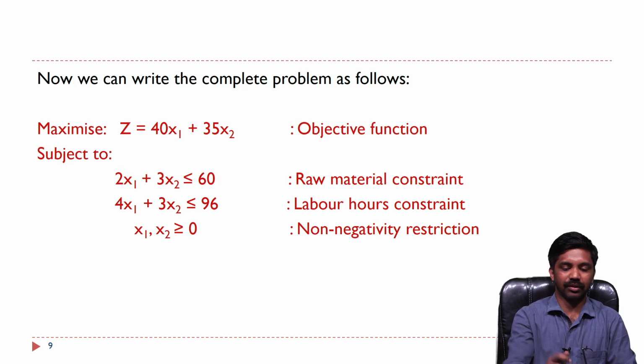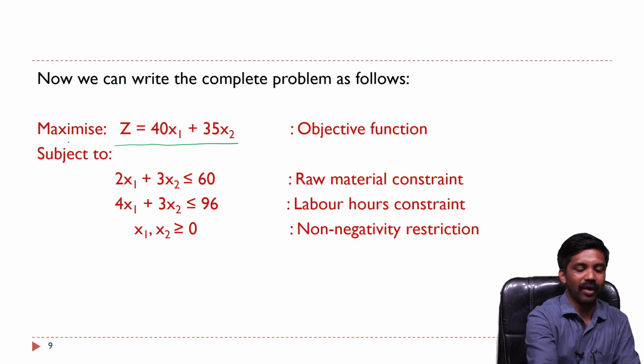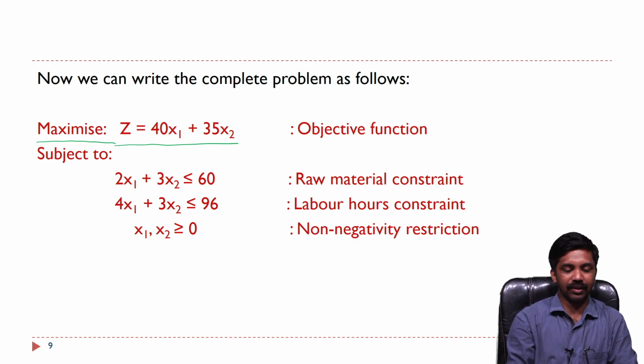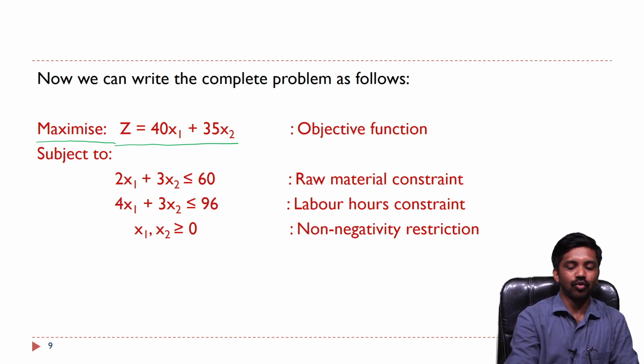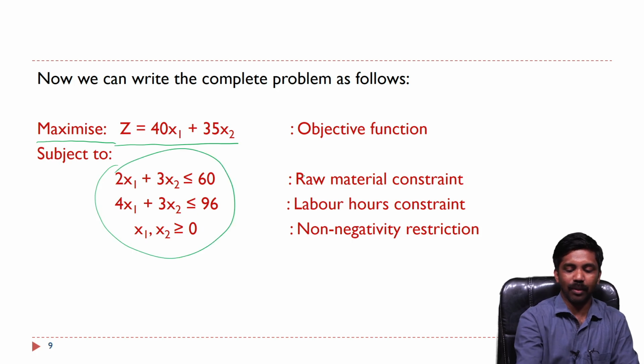All together we can express the linear programming problem like this. The objective function will be maximize z equals 40x1 plus 35x2. The direction is there, the function is there: maximize z equals 40x1 plus 35x2. This has to be achieved in the presence of constraints, that is why subject to the raw material constraint and the labor hours constraint.